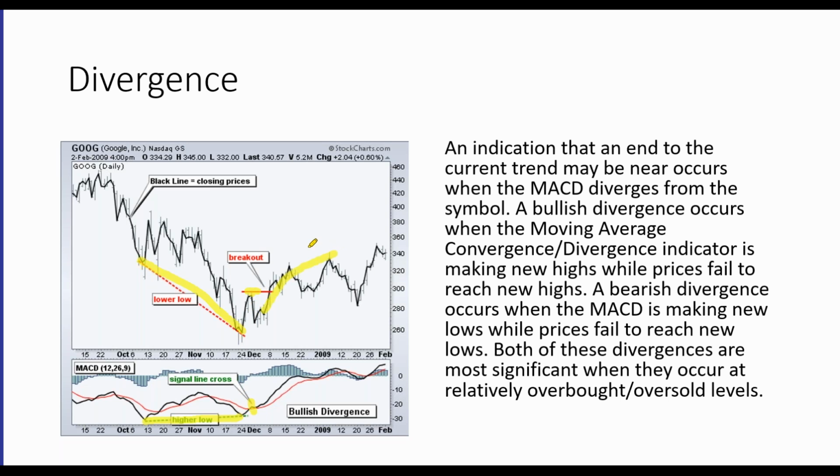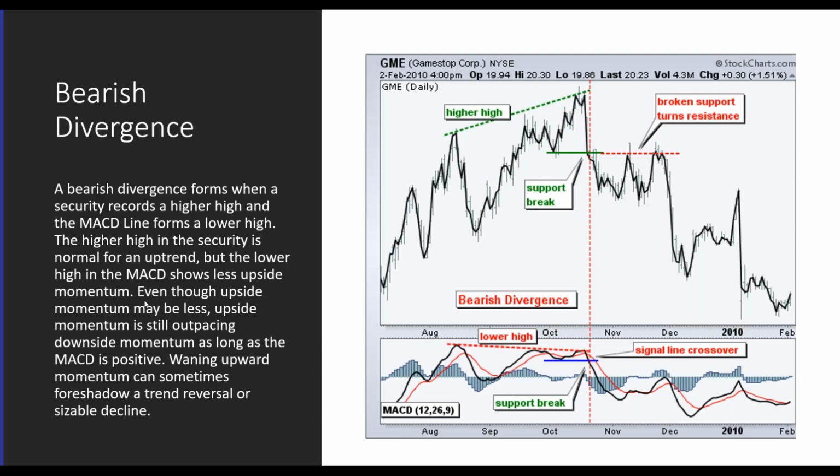The opposite is true for a bearish divergence. A bearish divergence forms when a security records higher highs and the MACD line forms lower highs.